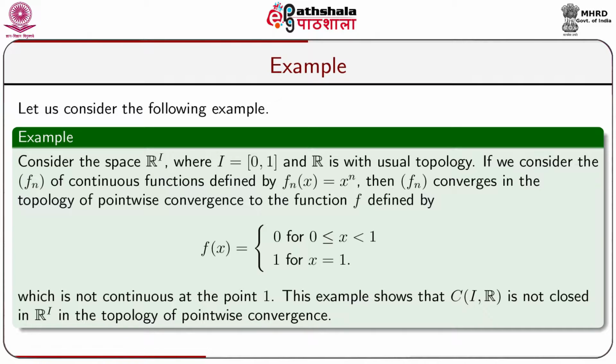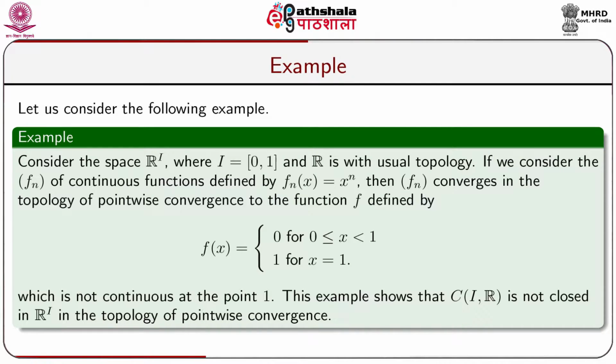In fact, when x is less than 1, the sequence x to the power n converges to 0. So, f(x) is equal to 0 when x is strictly less than 1. Now, if x is equal to 1, then the sequence x^n converges to 1. Hence, f(x) is equal to 1 for x equal to 1.